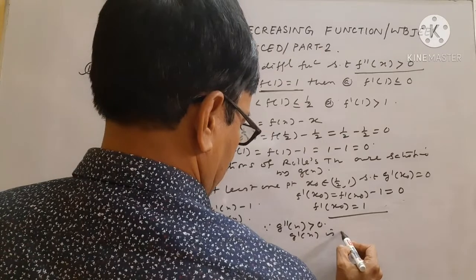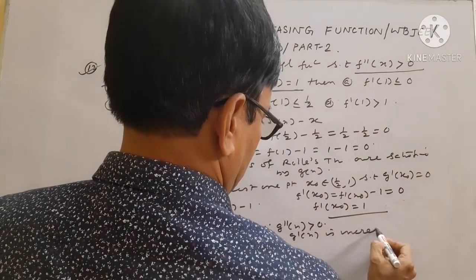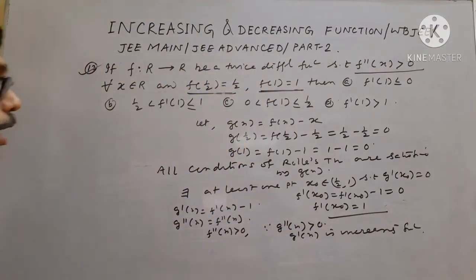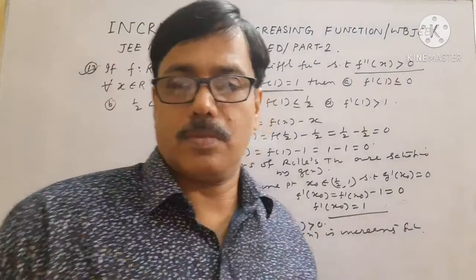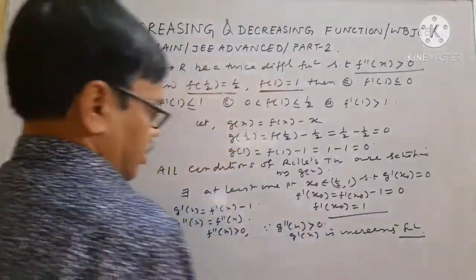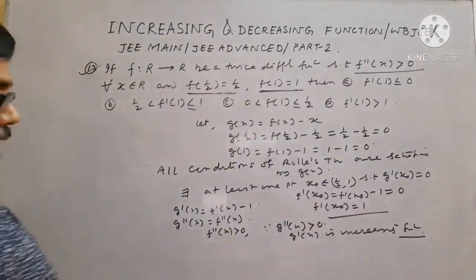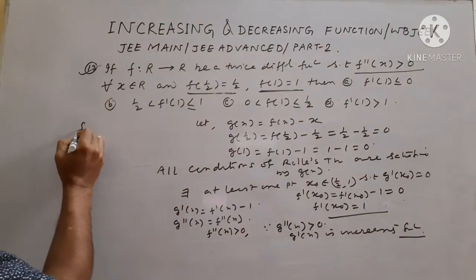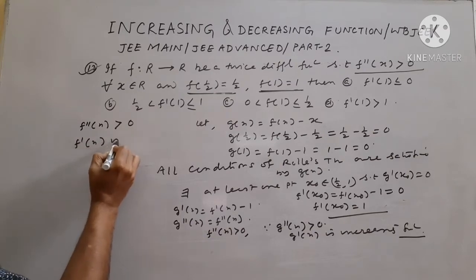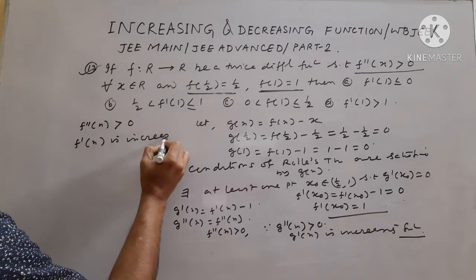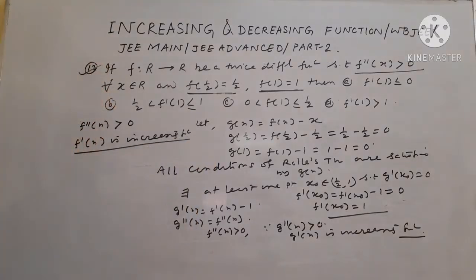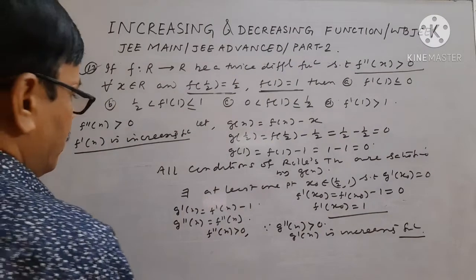Therefore, g dash x is an increasing function. Since f double dash x is greater than 0, f dash x is an increasing function.